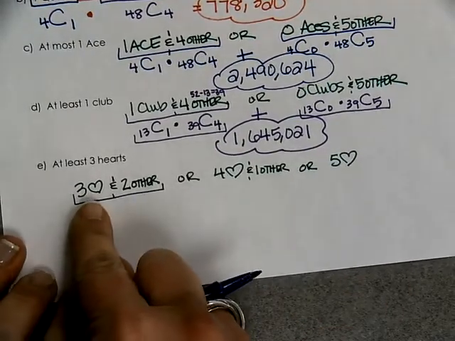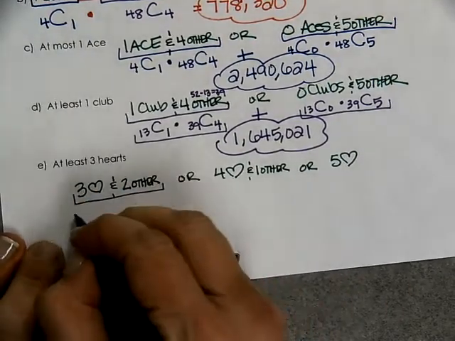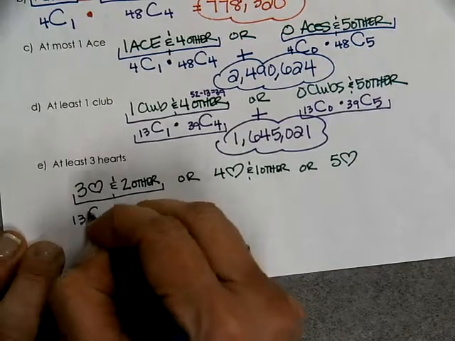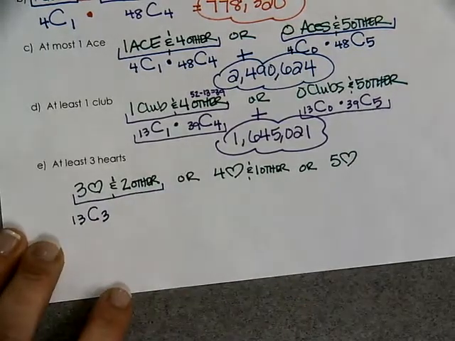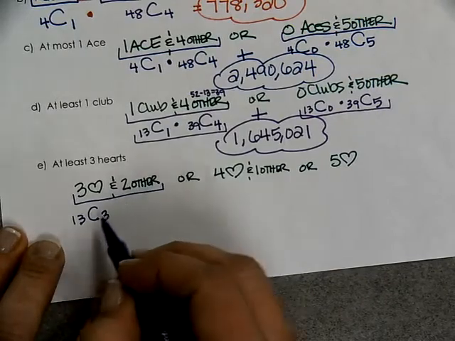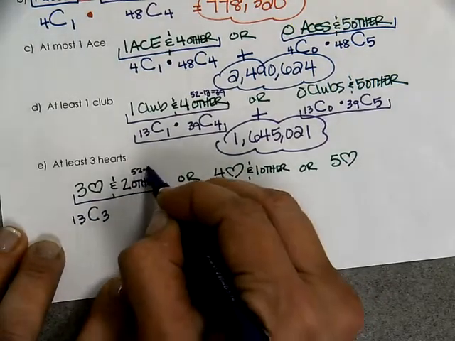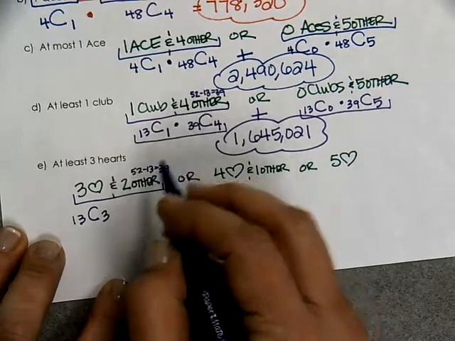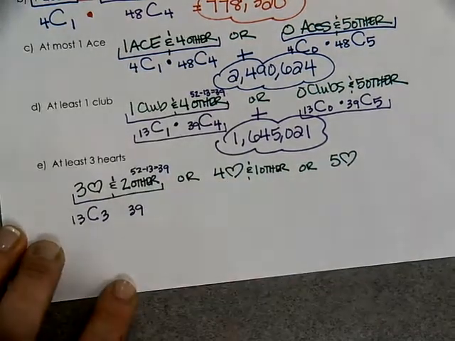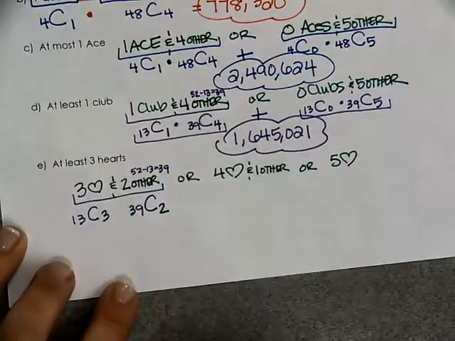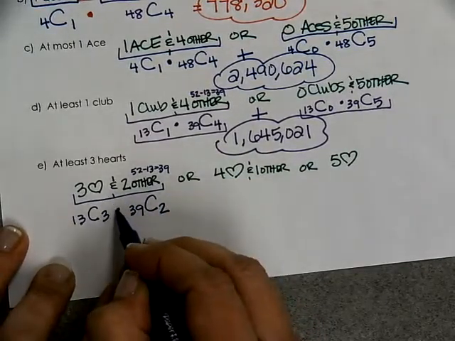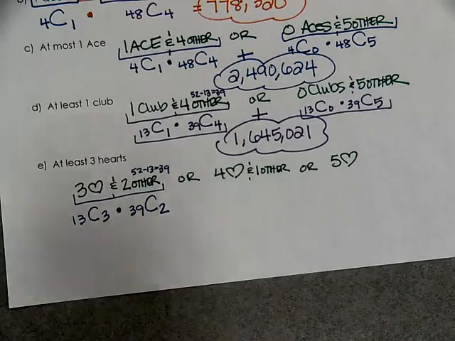So how many hearts did we say there were? We said that there were 13 hearts, and we would want 3 of them. And if there are 13 hearts, then we said that 52 minus 13 is 39 non-hearts, and we would want 2 of those. And remember, and means that we would multiply.